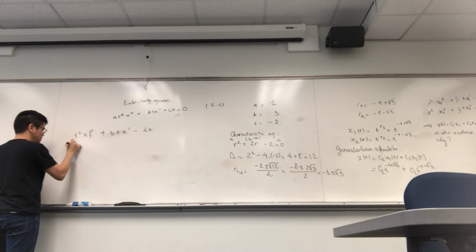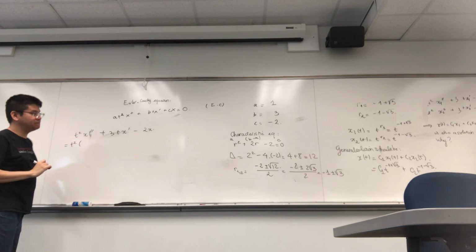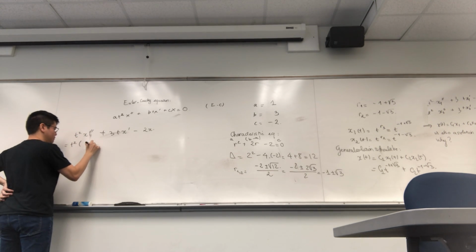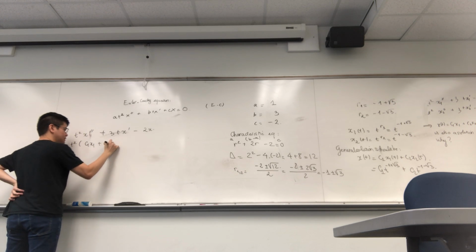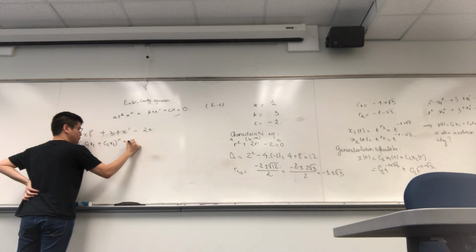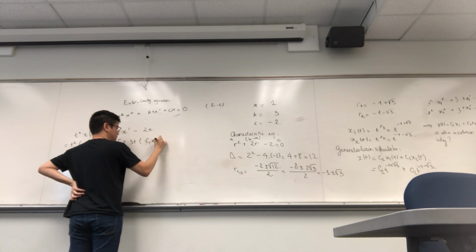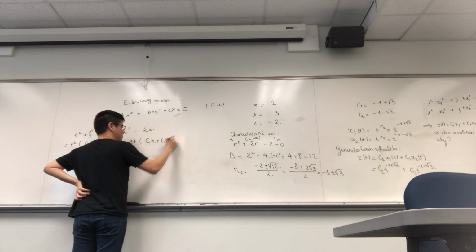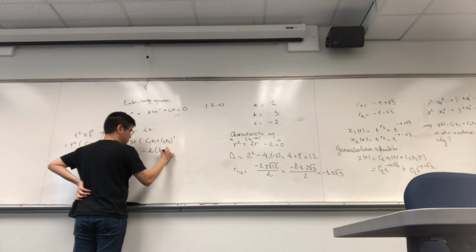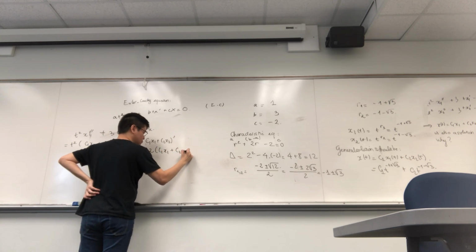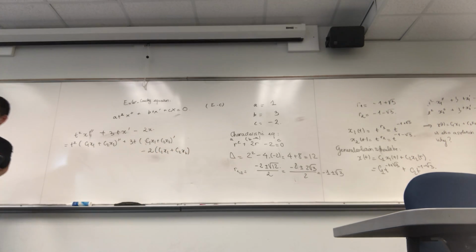So this gives you t squared times (c1 x1 plus c2 x2) double prime, plus 3t times (c1 x1 plus c2 x2) prime, minus 2 times (c1 x1 plus c2 x2), right? And I said that this is 0.